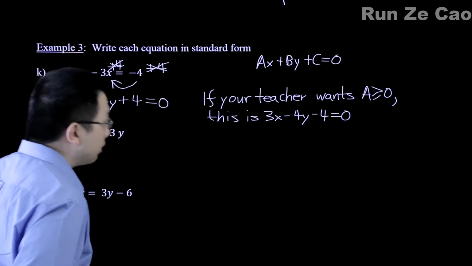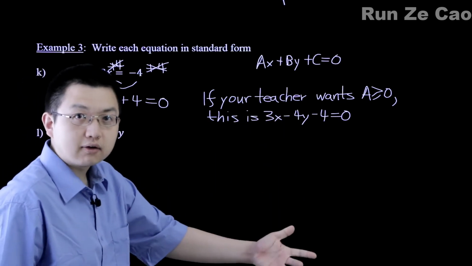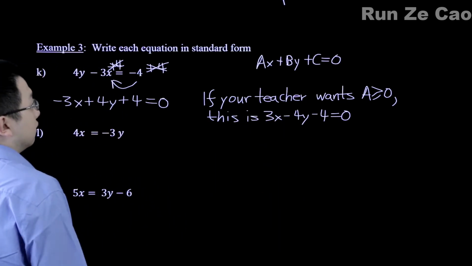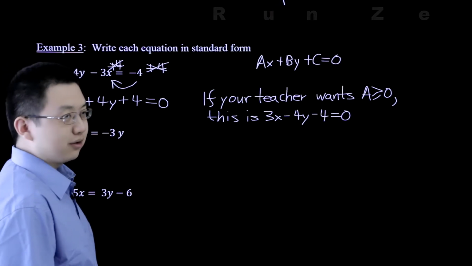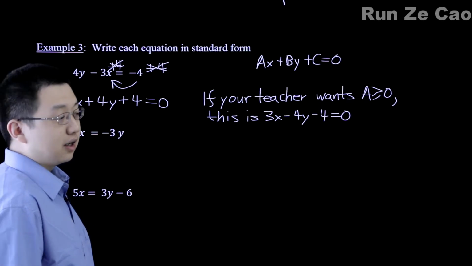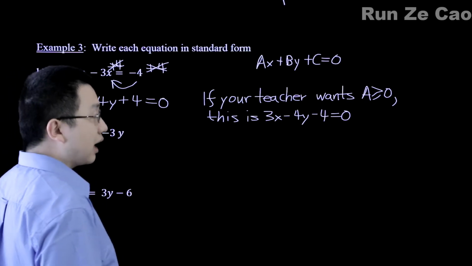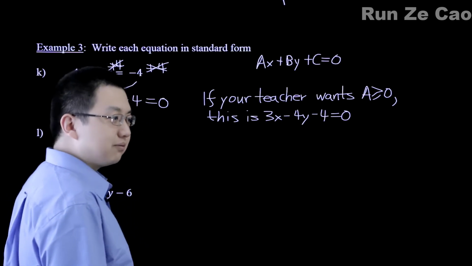Now, do we have a c term? No, but c can be 0. A or b can also be 0. So, really, if you have 0x plus 0y plus 0 equals 0, then that is really not an equation for a straight line, because it tells you absolutely nothing. Why?